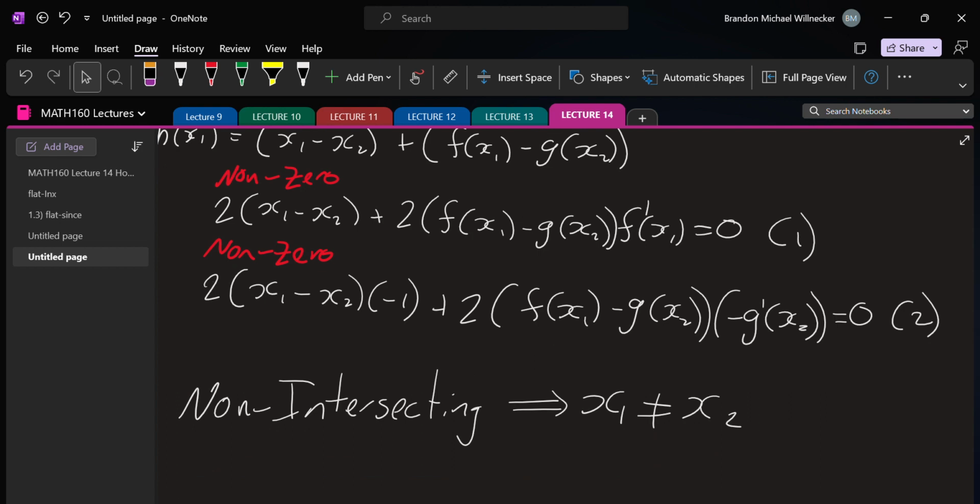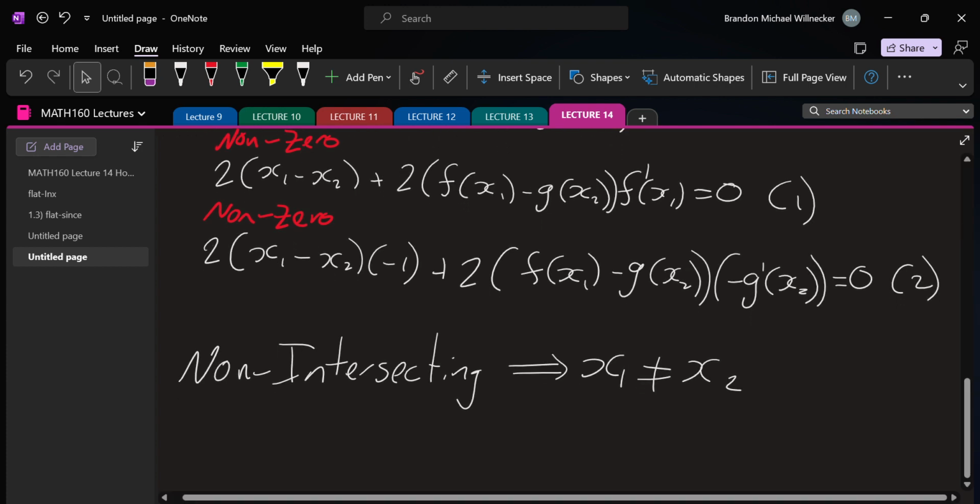So what we can do is solve this simultaneously. You can add the equations together, subtract them, however you want to solve simultaneously, we're going to end up with f prime minus g prime. The f of x1 minus g of x2 in both equations is also non-zero, because the points are different.